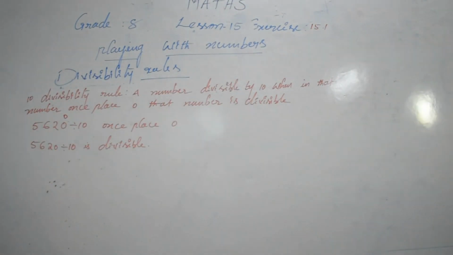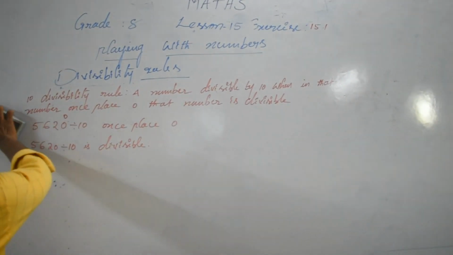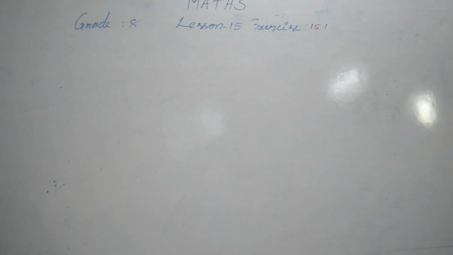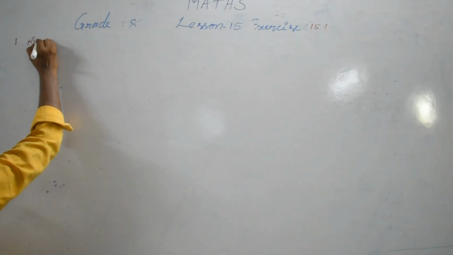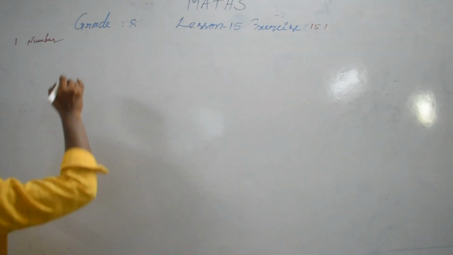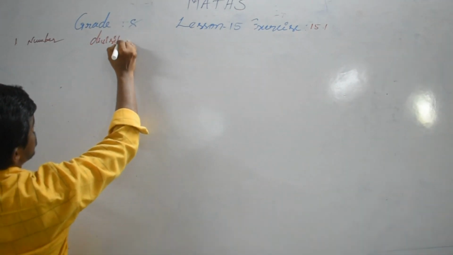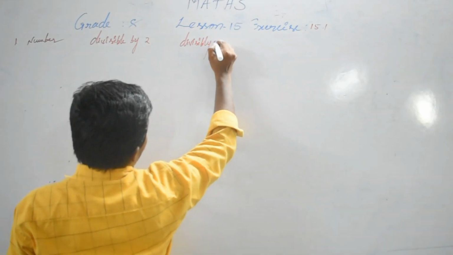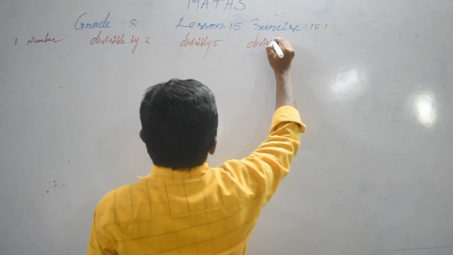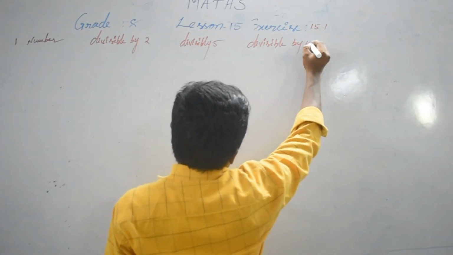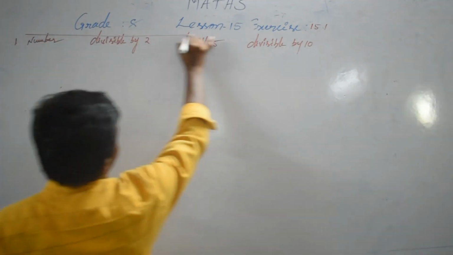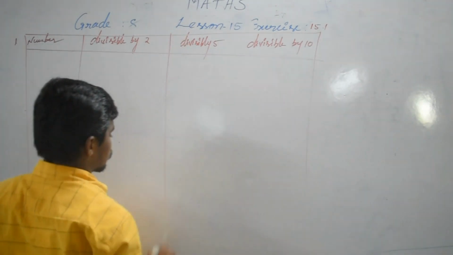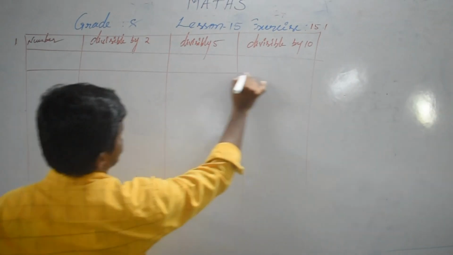This is the first problem: divisible by 2, divisible by 5, divisible by 10. Just yes or no.